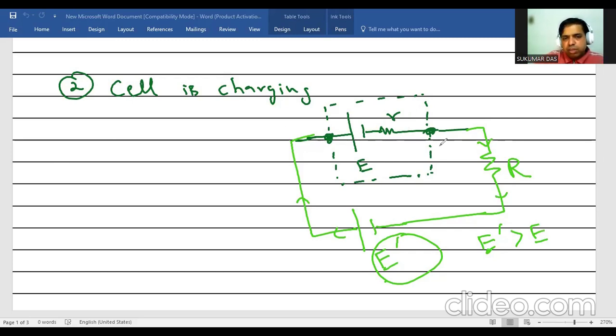So the terminal potential difference between A and B is given by E plus Ir. So we can see that the terminal potential difference will be greater than the EMF of the cell. So you have to look into the question, whether the cell is being charged or being discharged. That is important to note.